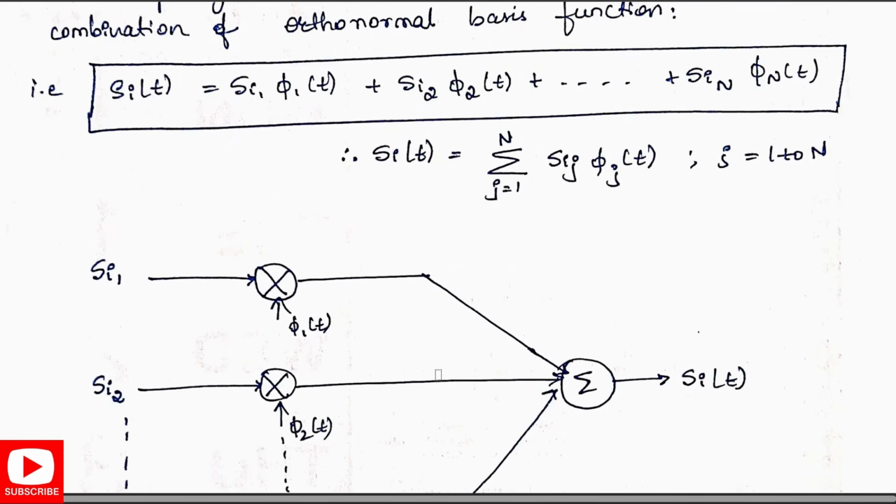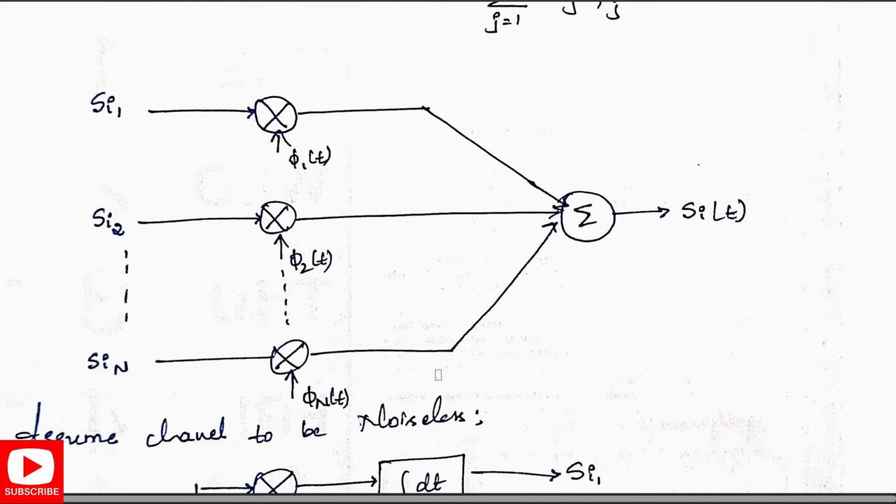How do you represent that? You represent it like this: Si1, Si2, till SiN. That gets combined along with phi 1 of t, phi 2 of t, and phi N of t.